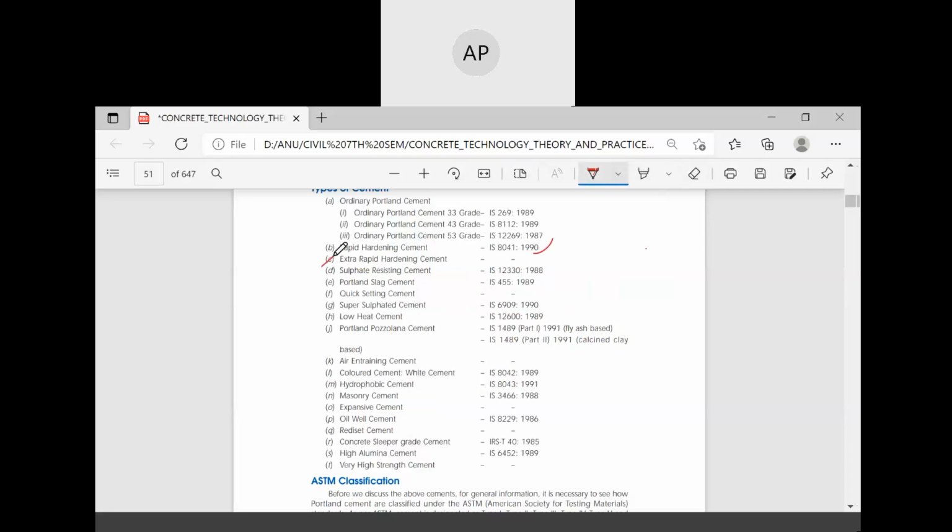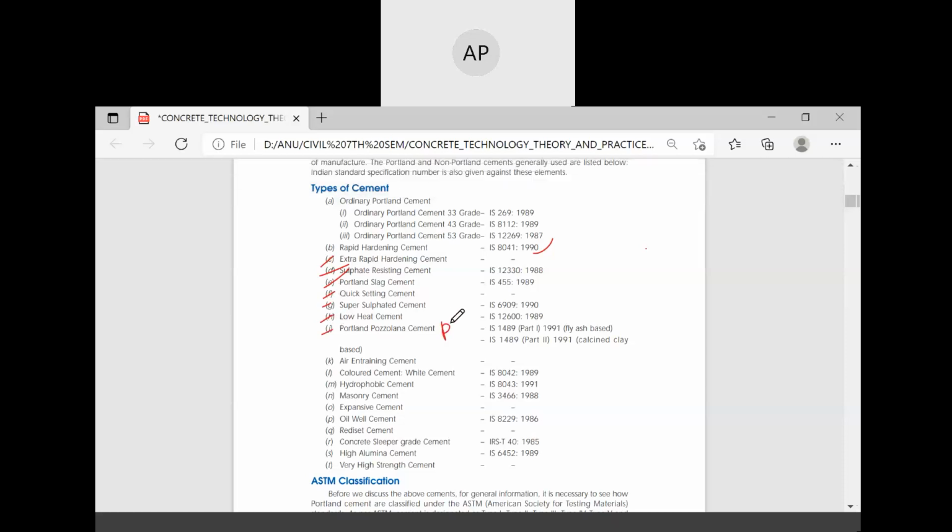And next is your extra rapid hardening cement, sulfate resisting cement, Portland slag cement, quick setting cement, super sulfated cement, low heat cement, Portland pozzolana cement. Okay, Portland pozzolana cement we call PPC cement. PPC cement refers to IS code 1489 part 1 1991, fly ash based.